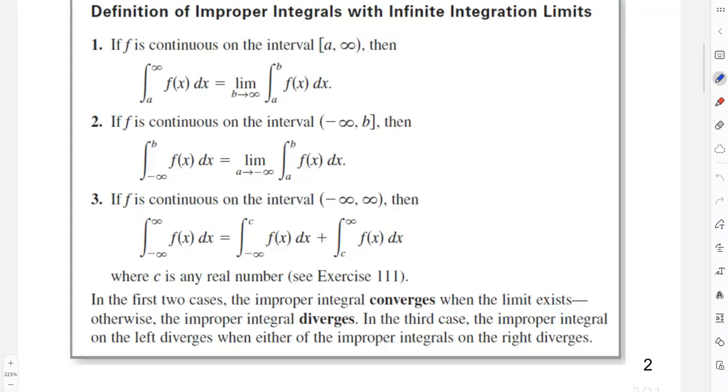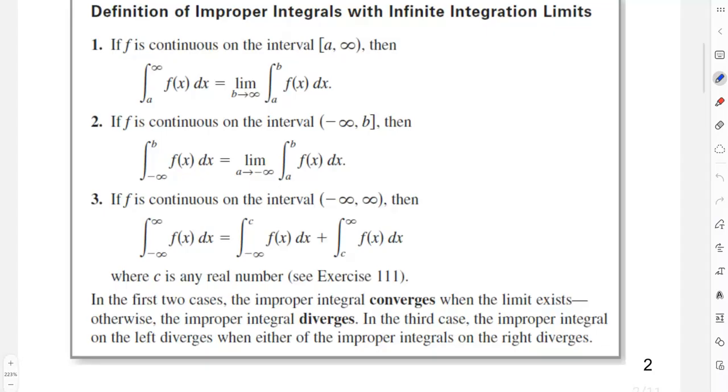So let's say we have a function that's continuous on the interval from a to infinity. So we would write the integral this way, but to evaluate, we're going to replace that infinity with a letter, and we could use any letter, they're just using b here. And then we would integrate, and then we would take the limit as b goes to infinity.